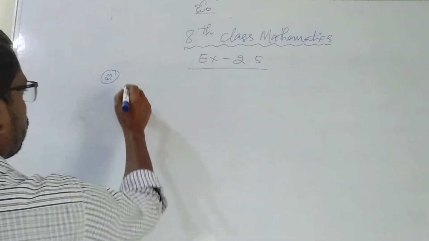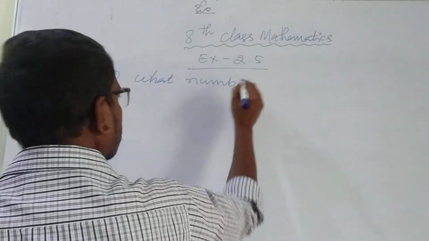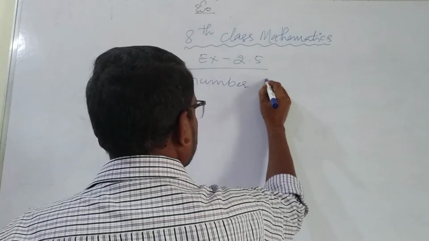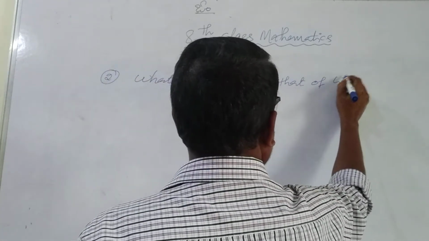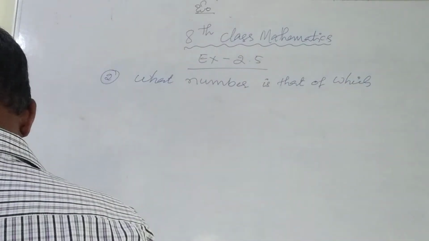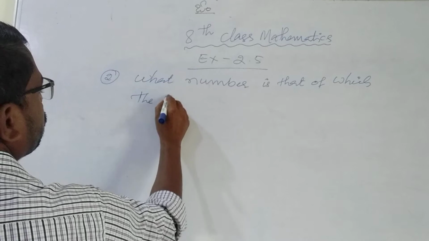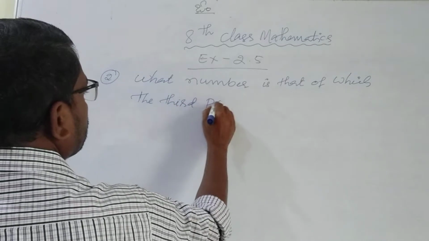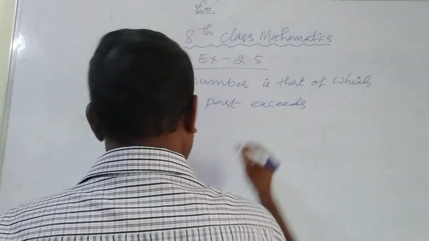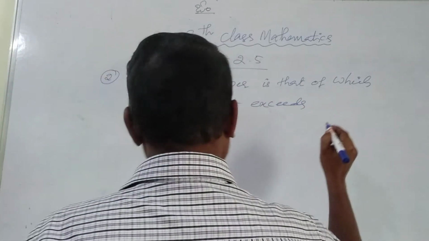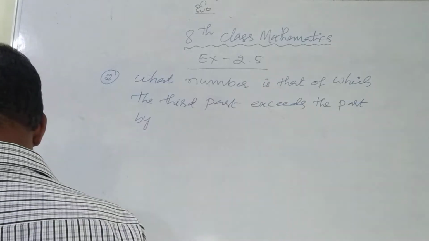What number is that of which the third part exceeds the fifth part by 4.